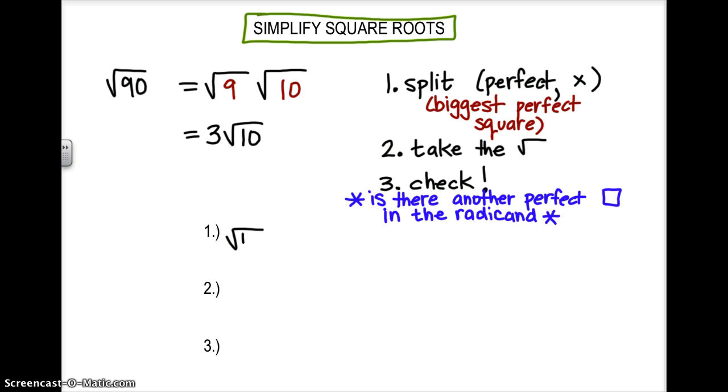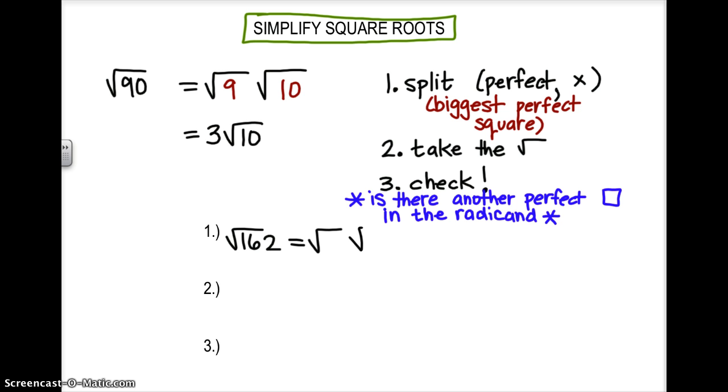Square root of 162. That's a big one. A perfect square that goes into 162. If you know your perfect squares, you can just run down the list. 162 is bigger than 144. Well, 144 does not divide into 162. 121 does not divide into 162. 100 does not divide into 162.